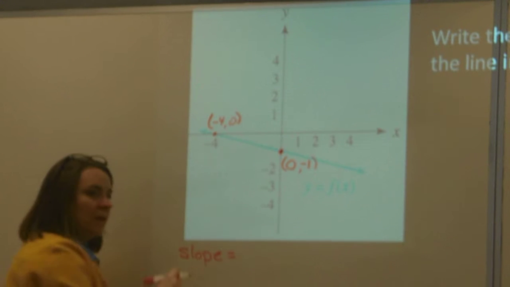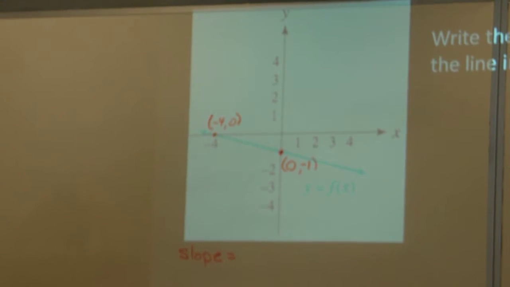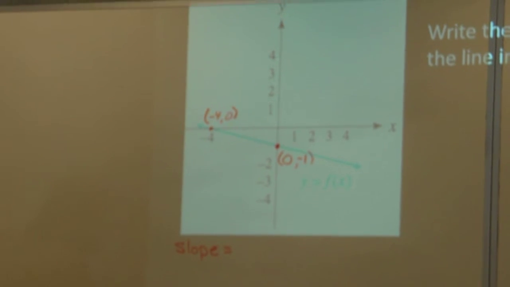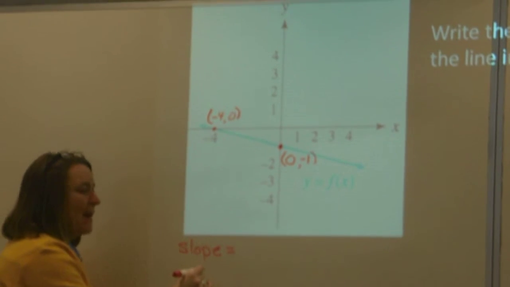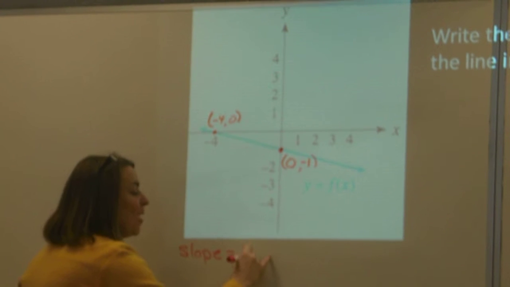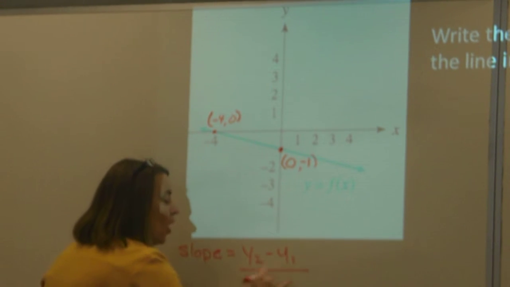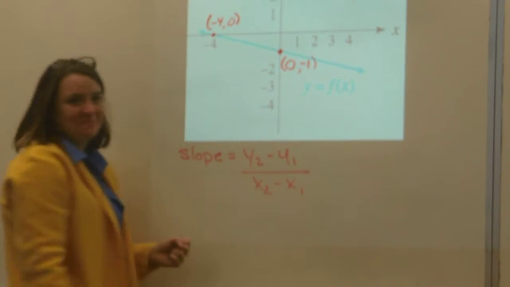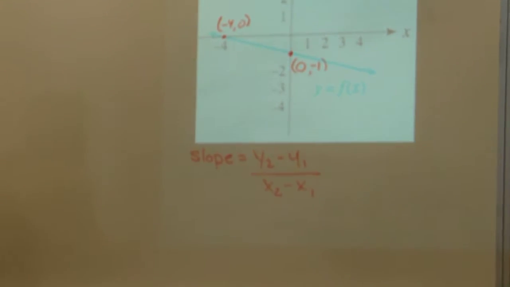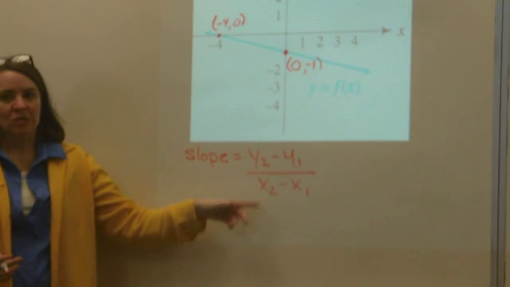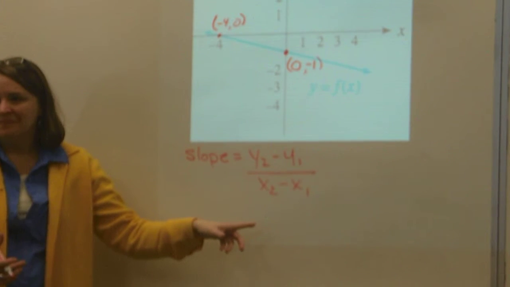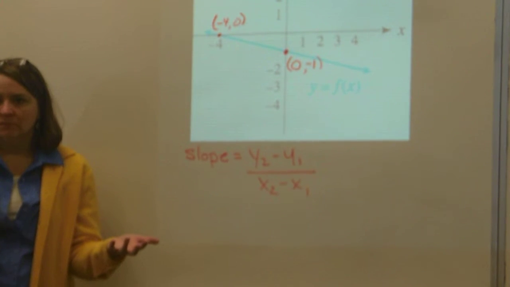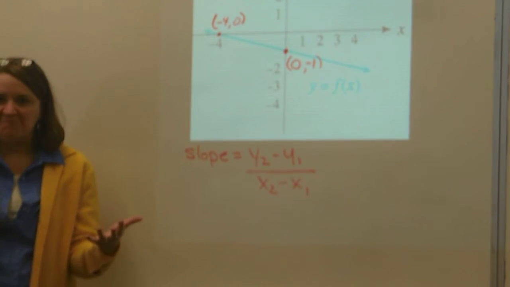Could someone tell me a formula for finding the slope of a line? So I heard you say y2 minus y1 over x sub 2 minus x sub 1. And what's an everyday way of describing that? If you're in a physics class and you're talking about slope, how do you describe slope?